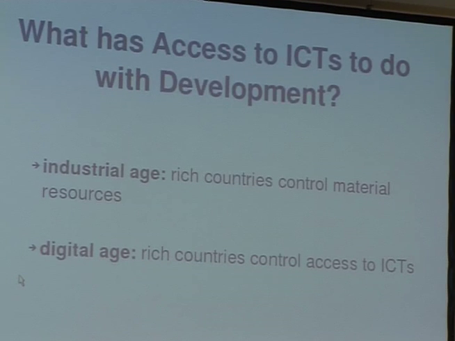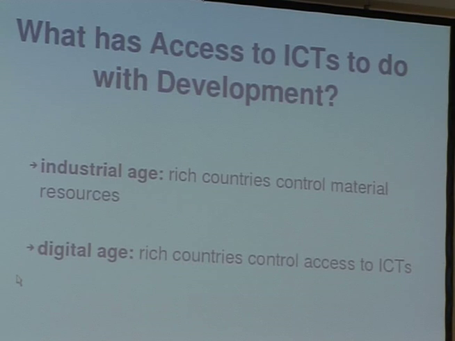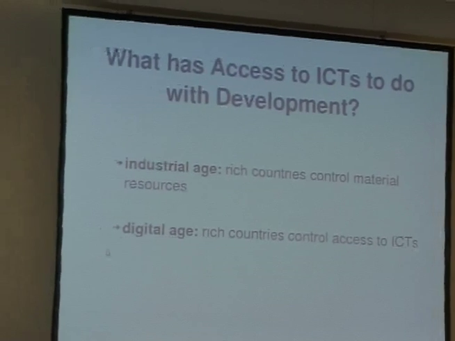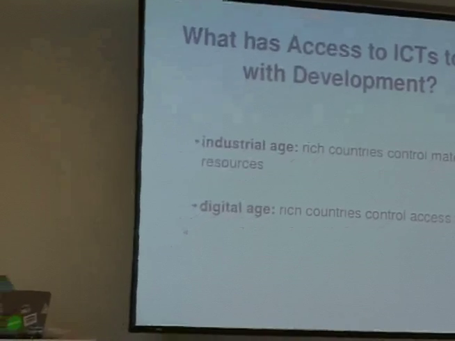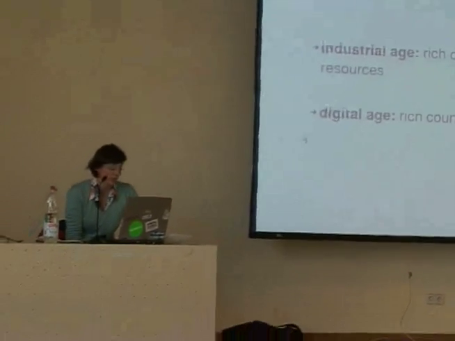And that was that, while in the industrial age, although most of the material resources are located in the southern hemisphere, citizens of poor and developing nations have not benefited from the situation because for the most part, the exploitation of these material resources is and was located by the richer countries, respectively by their corporations.